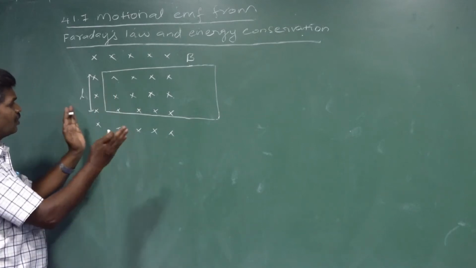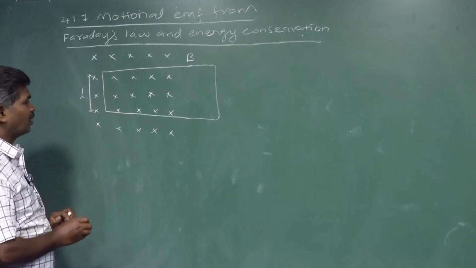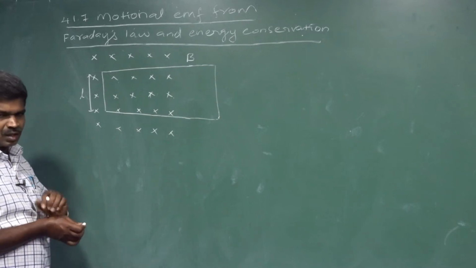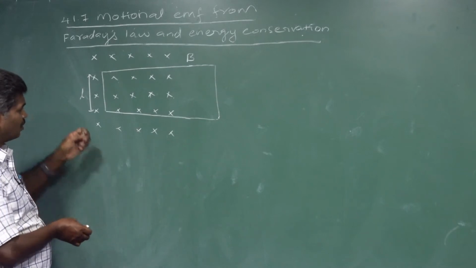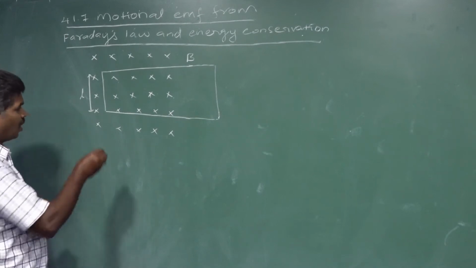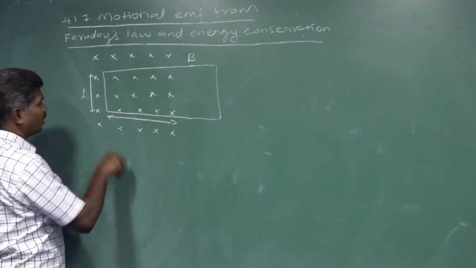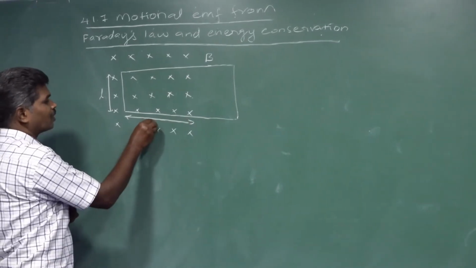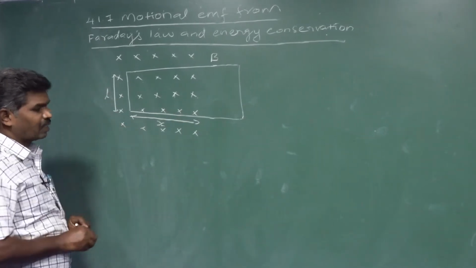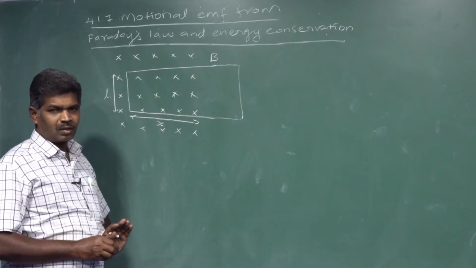The initial area of the loop inside the magnetic field we can describe based on its length and breadth. The width is nothing but the breadth, taken as L. The length of the loop that is inside the magnetic field we assume to be X. The remaining length is outside the magnetic field.